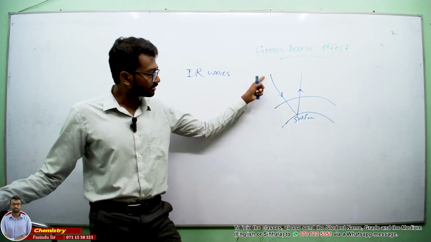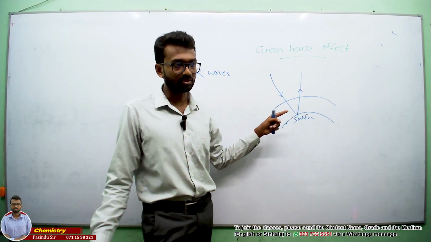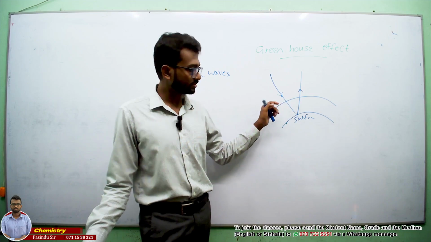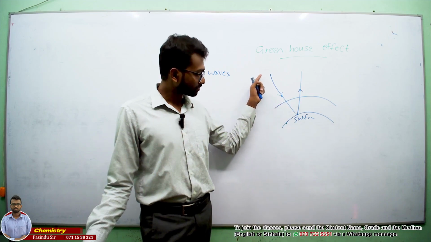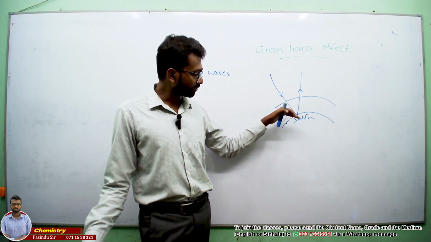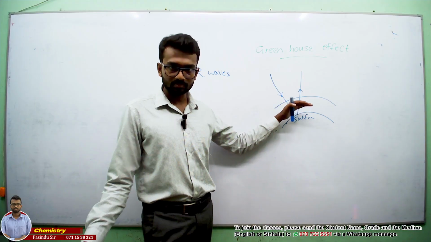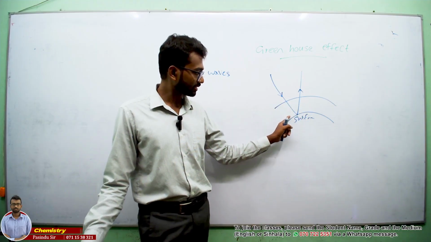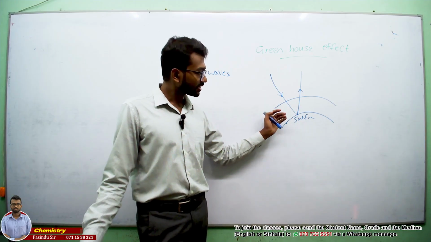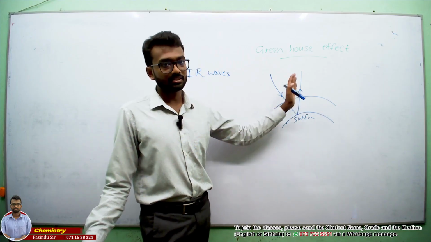The way we get heat is from light rays, especially visible light. We don't even get UV, because UV is cut by the ozone layer. When light rays fall onto the earth, it absorbs some amount of energy from those light waves and reflects back another wave.